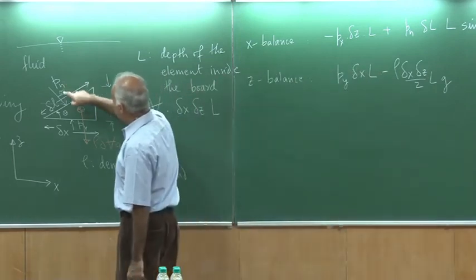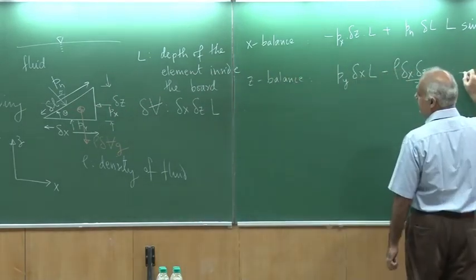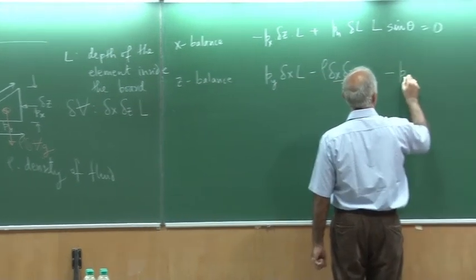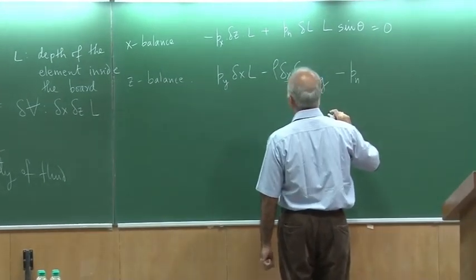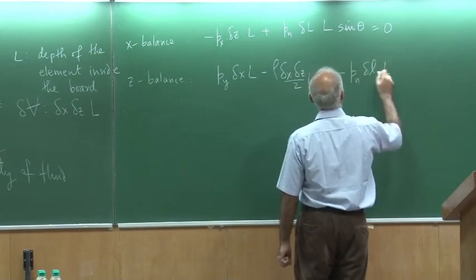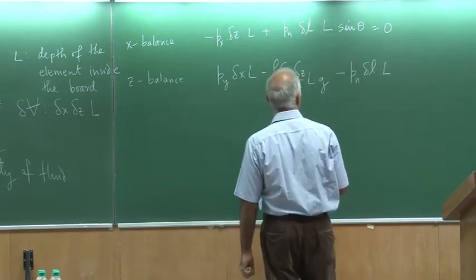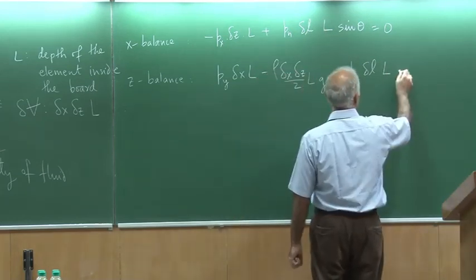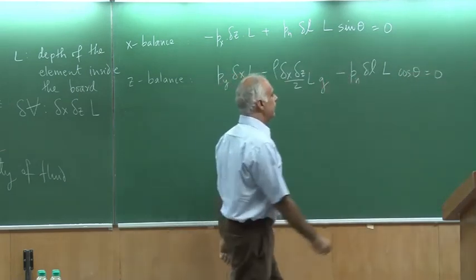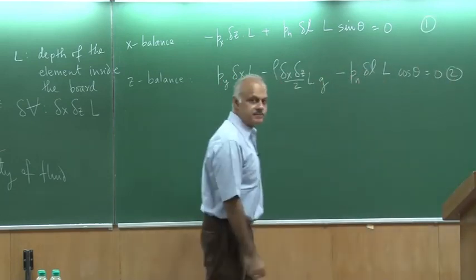And then I have to take the vertical component of this, which is again in the negative direction. So that would be minus Pn times delta l times L. I am sorry, this should be a lowercase l, and of course a cosine theta. So this should be 0. Let me call this equation 1 and this equation 2.